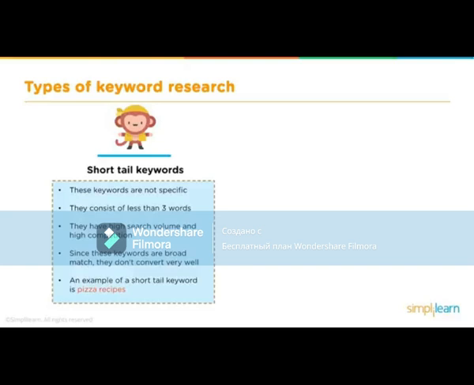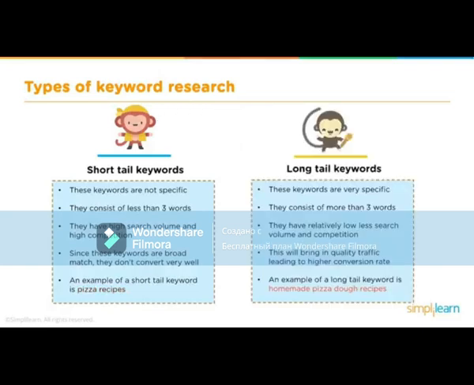If you just choose pizza recipes, it could take you a while to rank for that keyword. But when you rank, you're going to get the traffic. But again, it may not convert because the keyword is broad in nature. Pizza recipes is a short tail keyword that may not be exactly what you're writing about in your blog post. So it may draw a lot of traffic, but the traffic may not do anything.